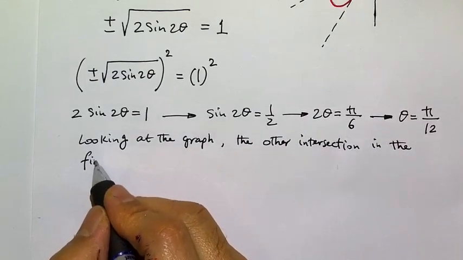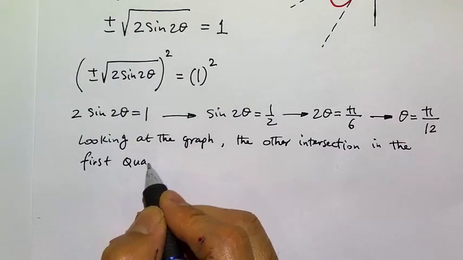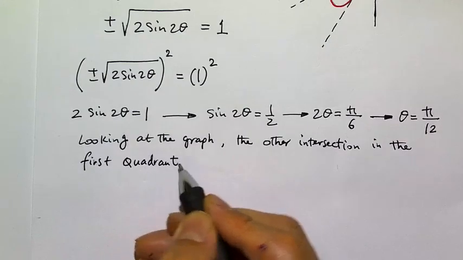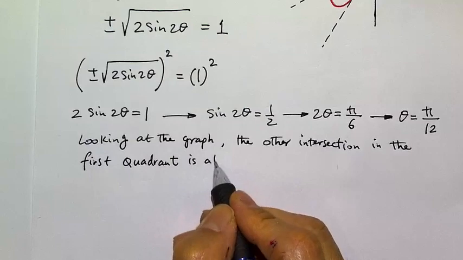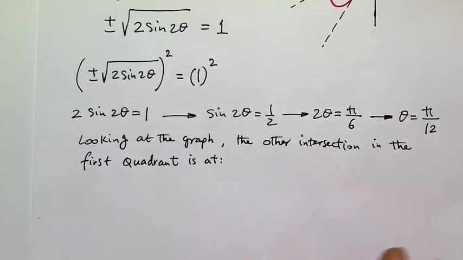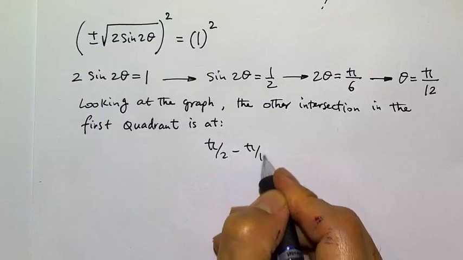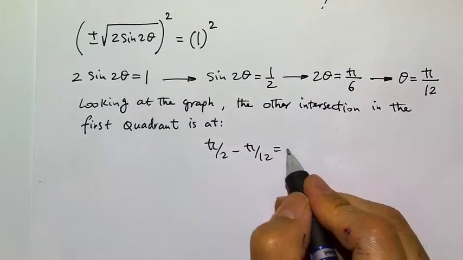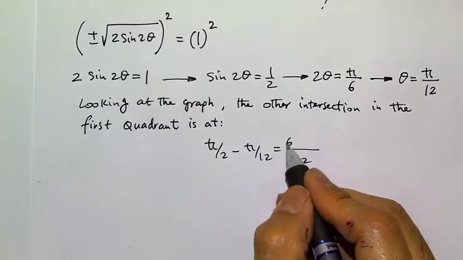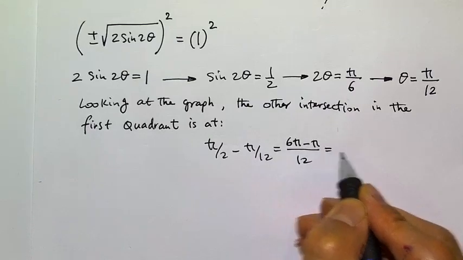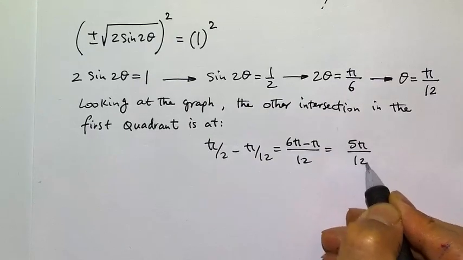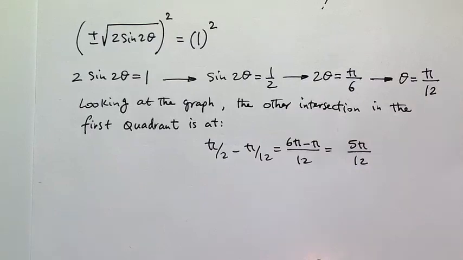In the first quadrant it is at just pi over 2 minus pi over 12. So what is this? We have 6 pi minus pi, or 5 pi over 12. Okay? Like that.